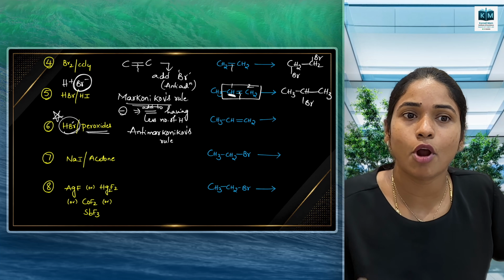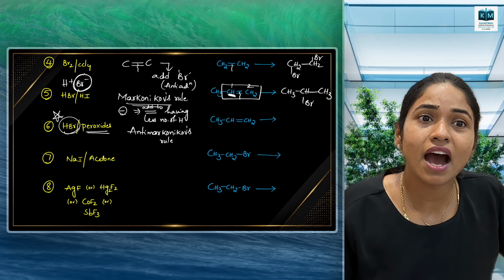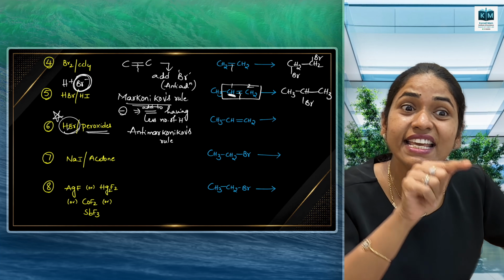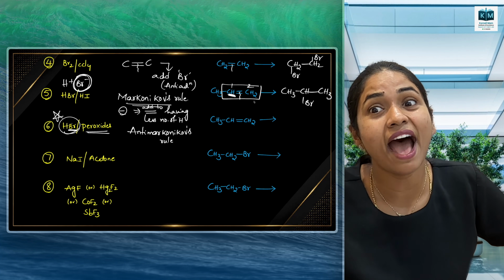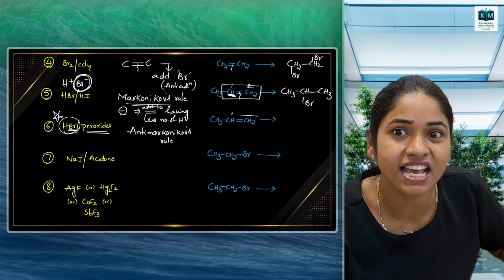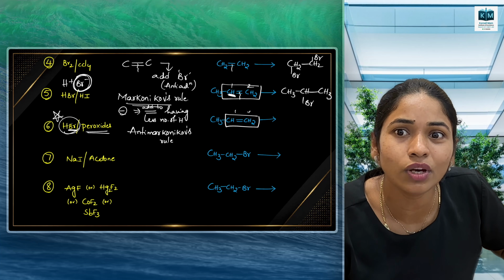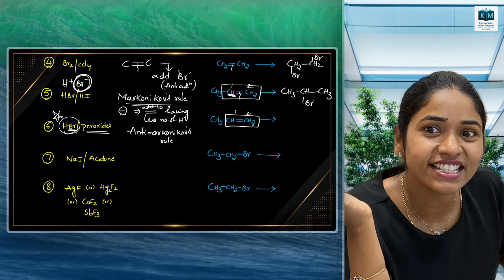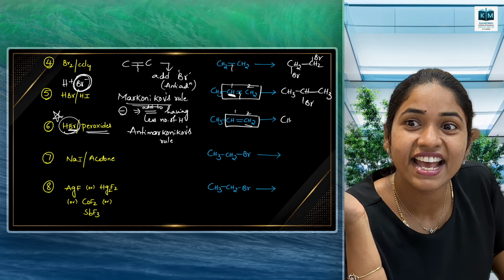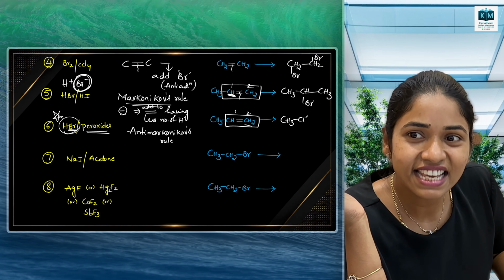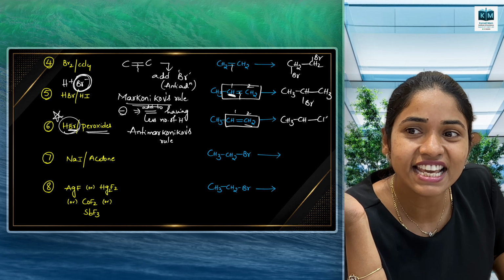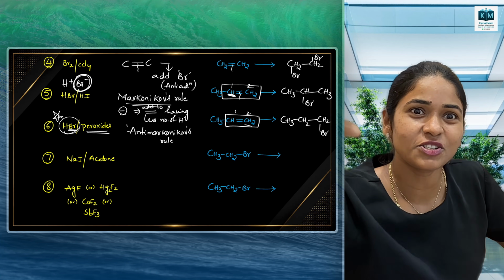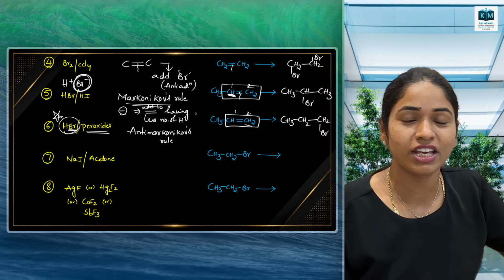Simply you can write the product in reverse. Here Br goes to the carbon having more hydrogens. In this case, 1, 2, general numbering, which is having more hydrogens, this one. You put Br there: CH3, CH2, CH2 Br, keep Br here and H here. Just reverse to that. That's why it is anti-Markownikoff's.